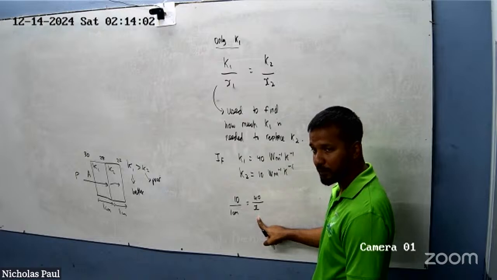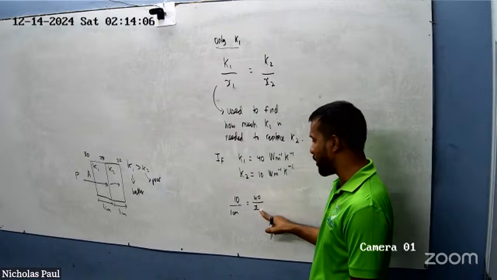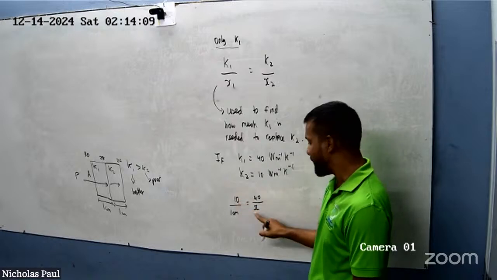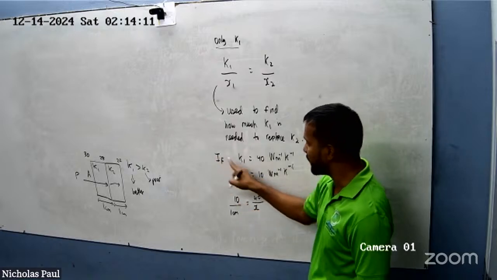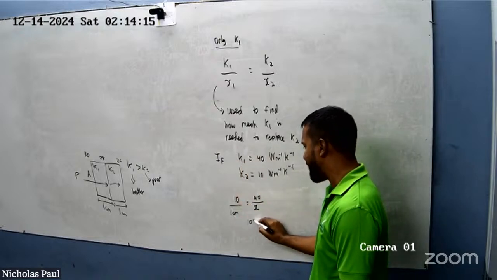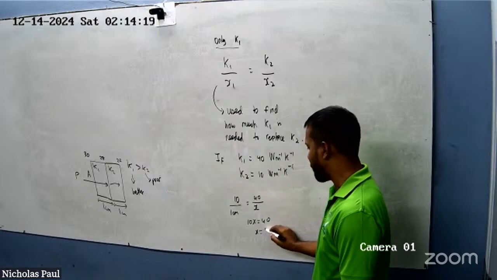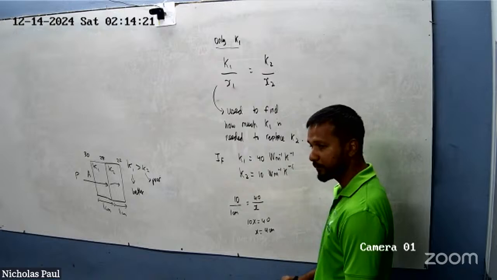You want to know how much is needed. Are you okay with that? So I want to replace this, and I want to know how much X is equivalent to this. X is for the K1. So cross multiply, you'll get 10x is equal to 40. X is equal to 4 centimeters.